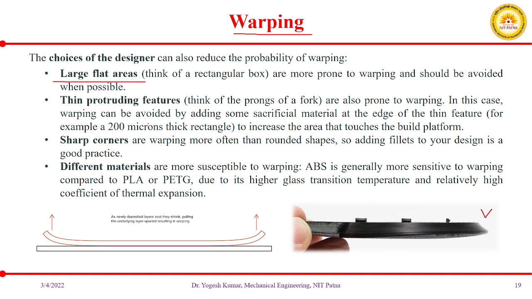In this case, warping can be avoided by adding some sacrificial material at the edge of the thin feature, for example a 200 microns thick rectangle, to increase the area that touches the build platform.